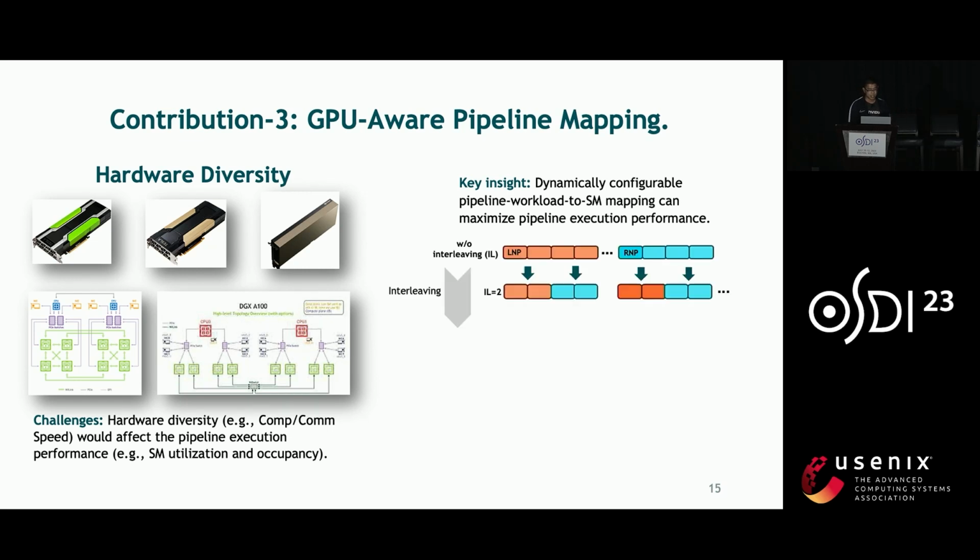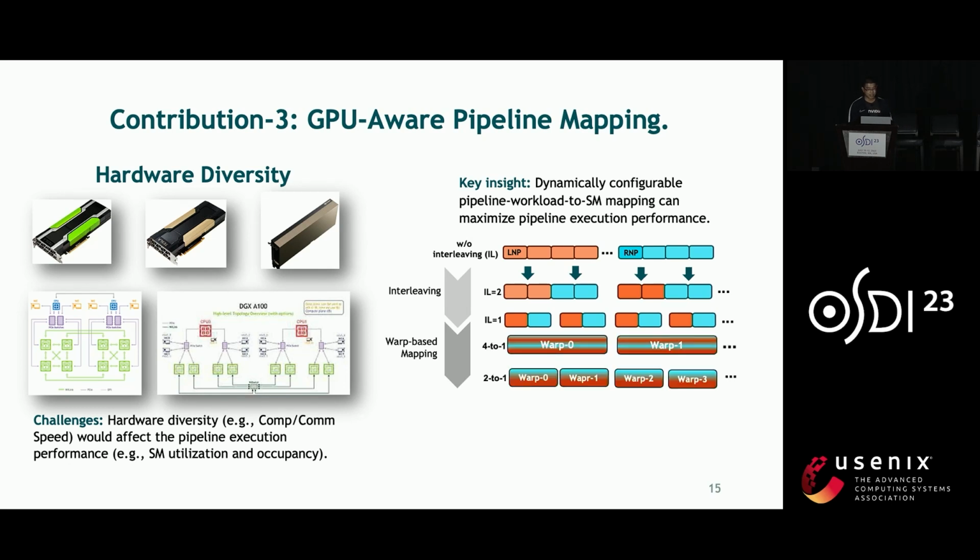So the first step is to interleave the local and remote workload, and we also set configurable parameters like the interleaving distance to facilitate this step. The second step is to map such a workload to the executable unit, like the GPU warps. Here we also provide parameters like the workload-to-warp mapping parameters to adjust the mapping strategy.